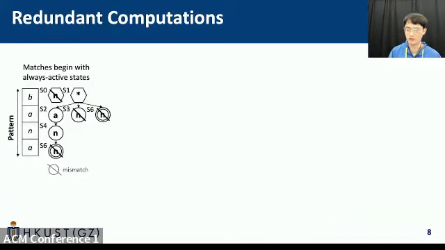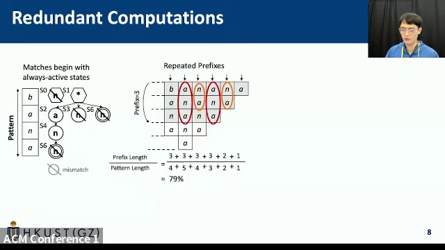And the second problem is redundant computation. In each iteration, the always active state will be added to the worklist, and all states generated from this state can be mismatched after several iterations, and we refer to these symbols as the pattern. We notice that typically the size of the pattern would not be very long, and the prefix of the pattern can repeat multiple times.